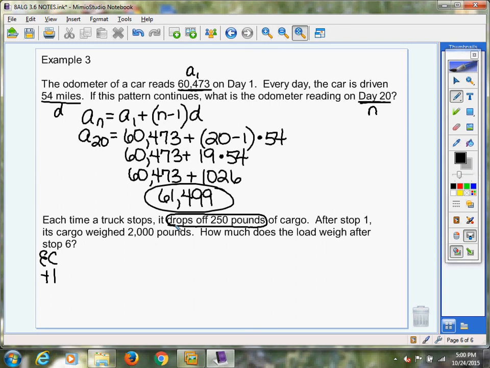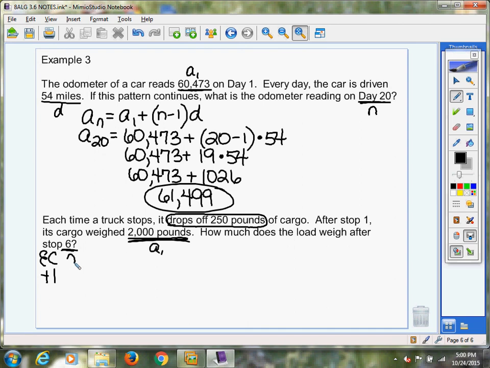After stop 1, the cargo weighed 2,000 pounds. So you can imagine that that's the first number in your sequence. And then 6 stops later, on the 6th stop, so I guess 5 stops later, what is going to be the weight of the truck, okay?